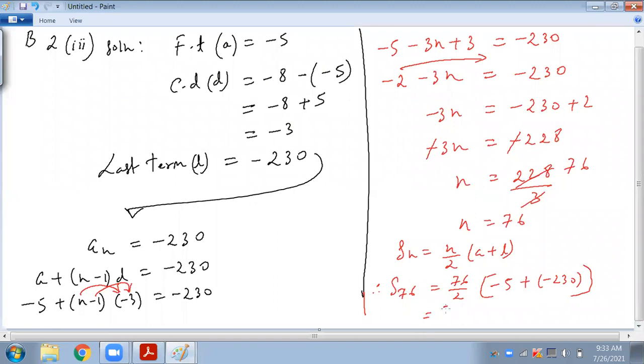So it will be equal to 76 by 2 into minus 5 minus 230. So it will be equal to what? 76 by 2 into minus 235. Okay, now we can cut it and multiply and write the answer.